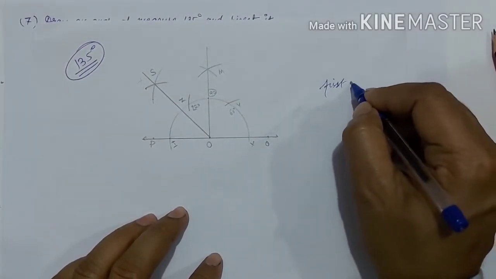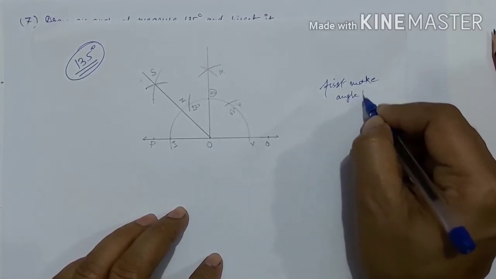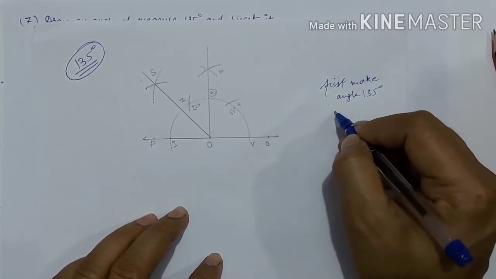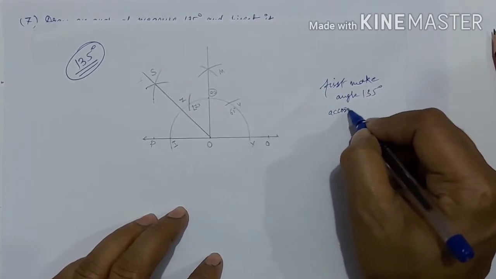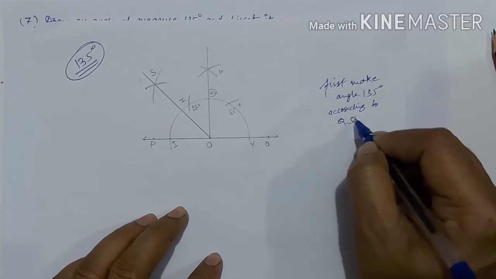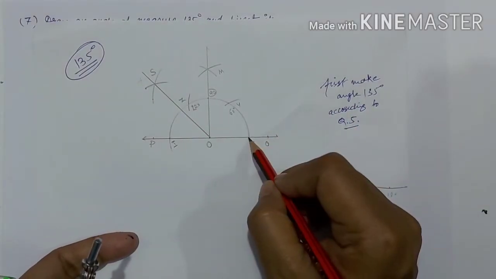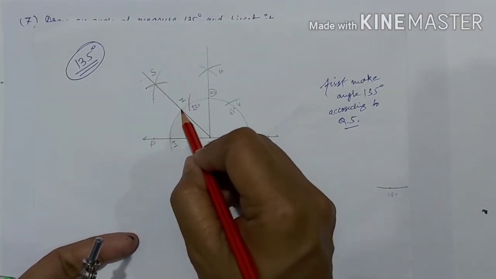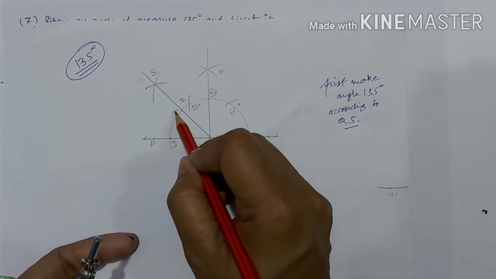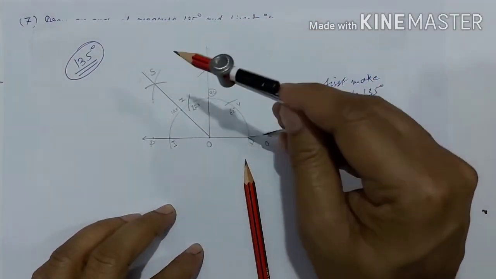First make angle 135 according to question number 5. Okay, here it will be only bisect. This point is X and this point is 135.